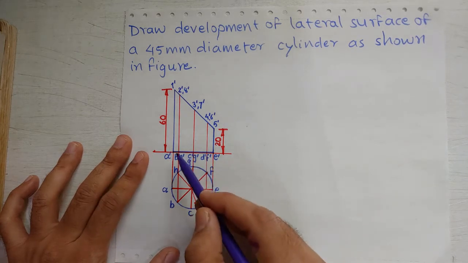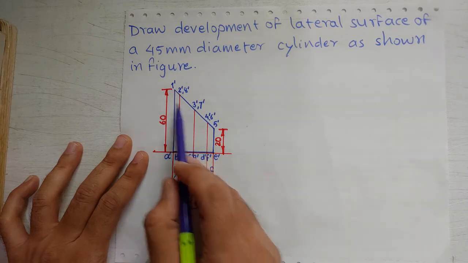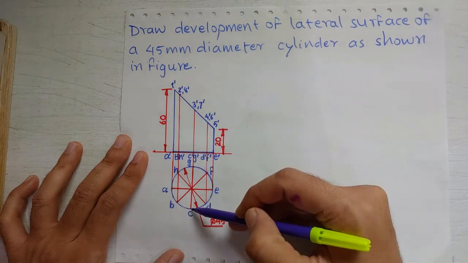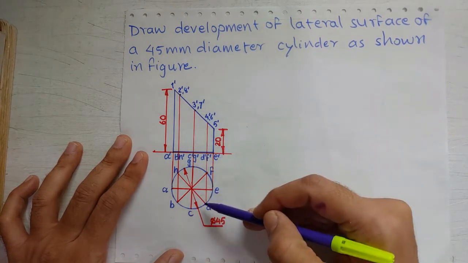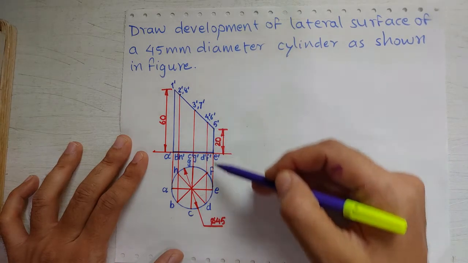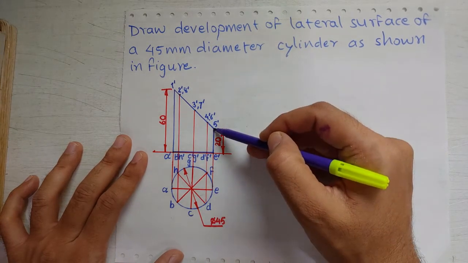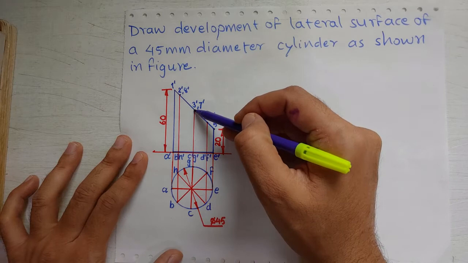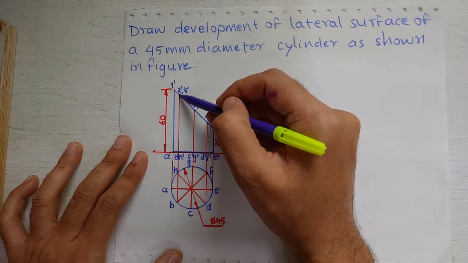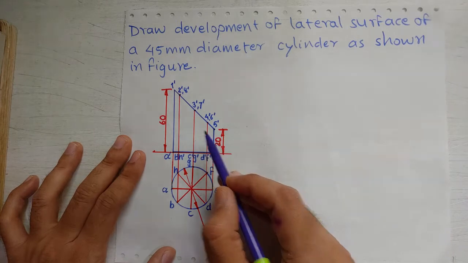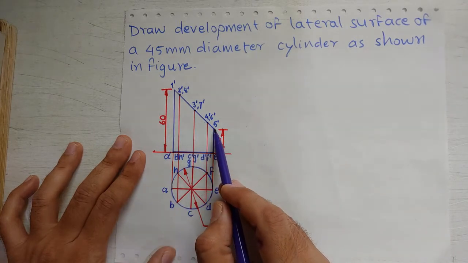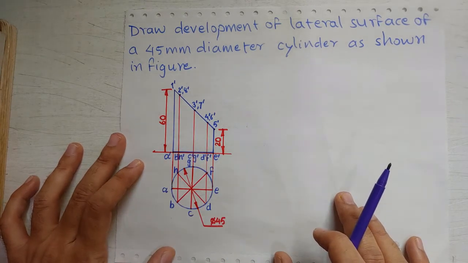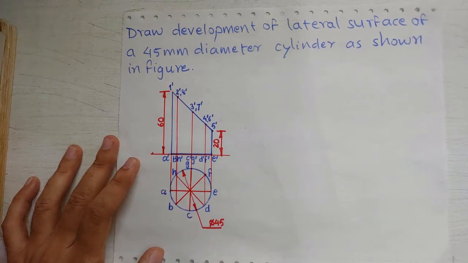Then I have given the notations to the points: 1 prime on generator A, 2 prime on generator B, 3 prime on generator C, 4 prime on generator D, 5 prime on generator E, 6 prime on generator F, 7 prime on generator G, and 8 prime on generator H. So that is how I have given the notations: 1 prime, 2 prime, 3 prime, 4 prime, 5 prime, 6 prime, 7 prime and 8 prime. Now we will understand the process of development.